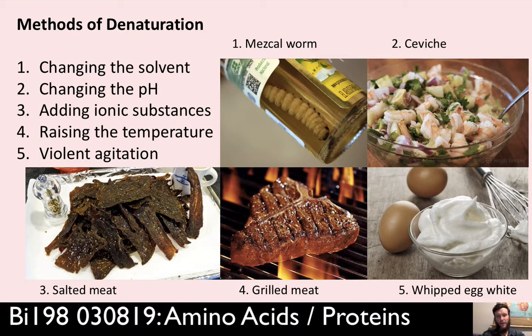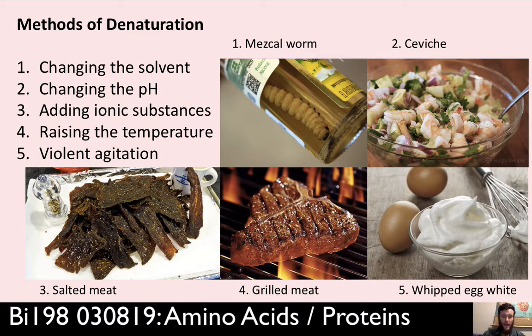Then you add the lemon, and with time, the fish or the seafood becomes opaque, and that is because you are denaturing the protein. You're changing the optical properties of the protein and making it more palatable.